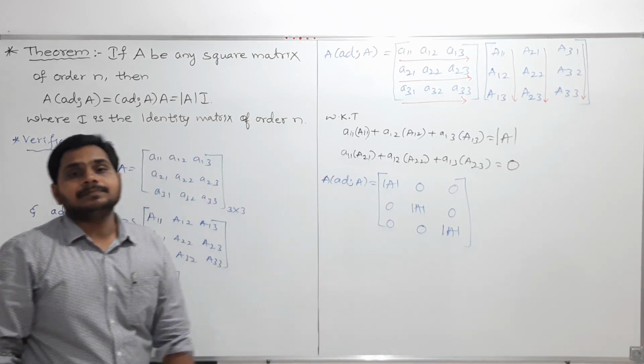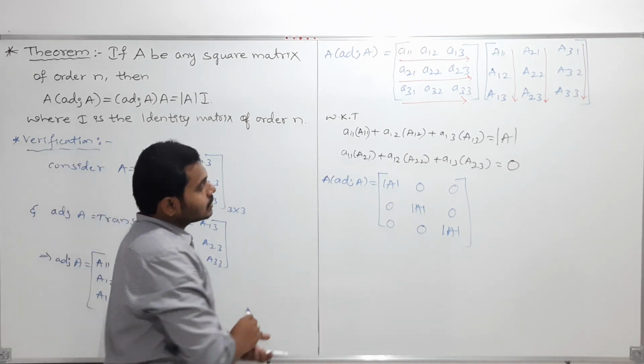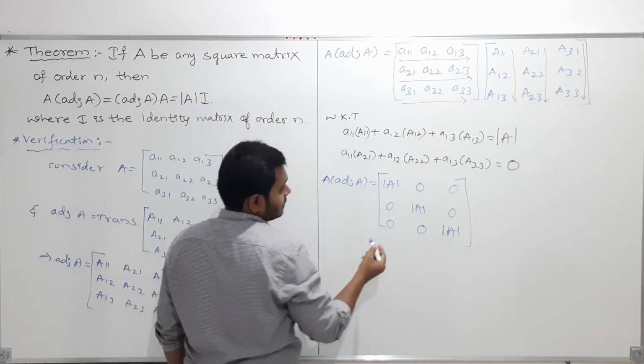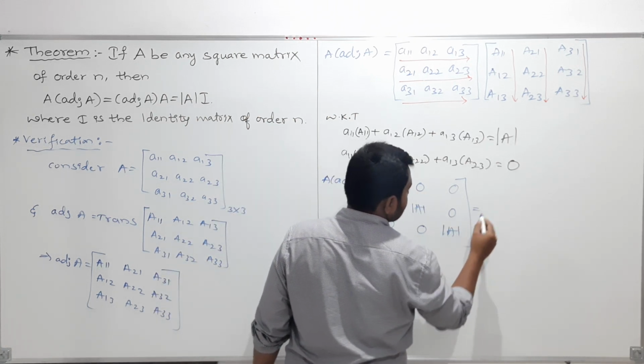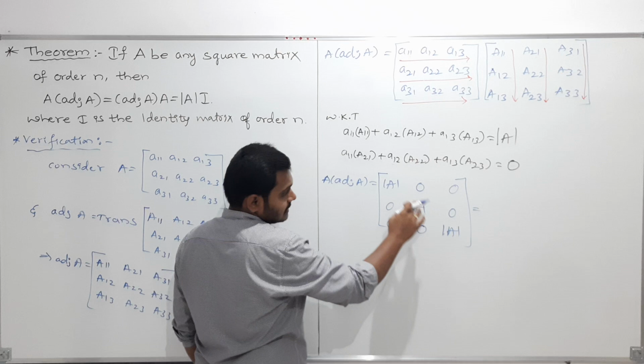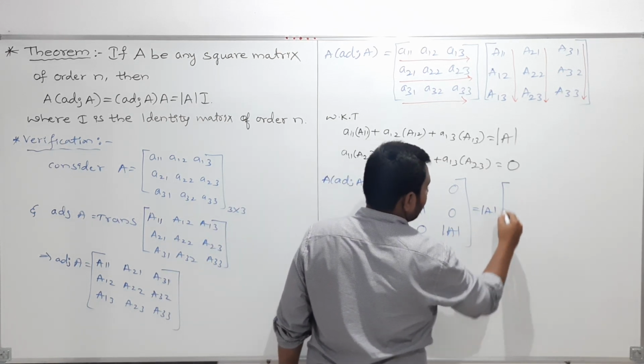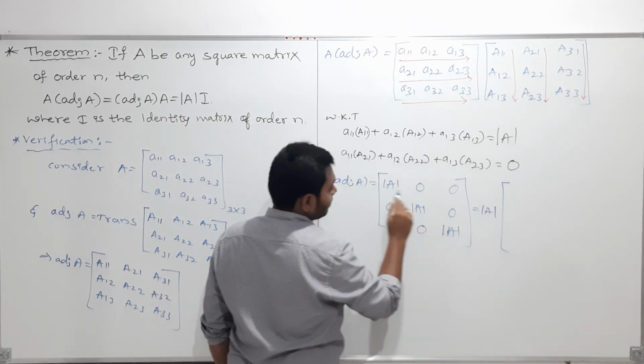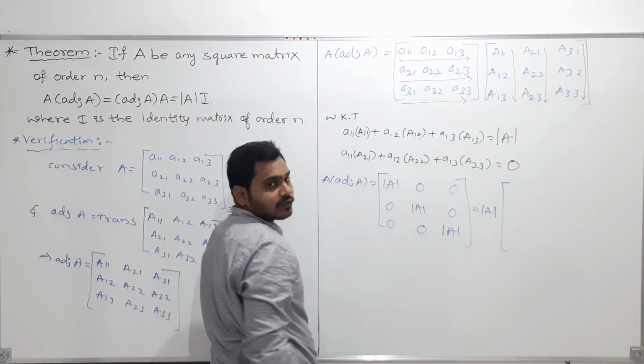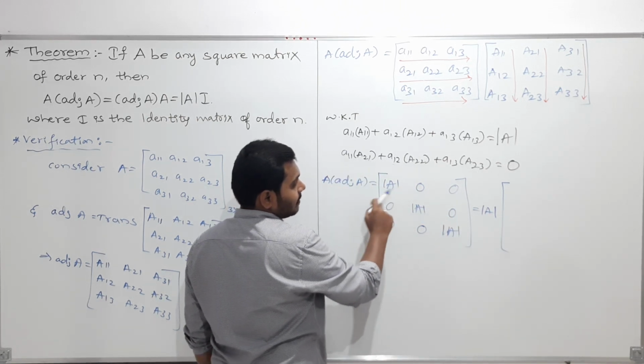Am I correct? Yes. So therefore I can write this as equals to, so from this I take the determinant of A common. If I take the determinant of A common, what is remaining, my students, inside the bracket? I took the determinant of A common factor outside the bracket.